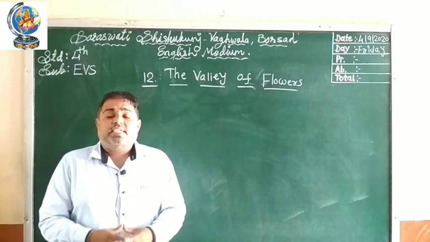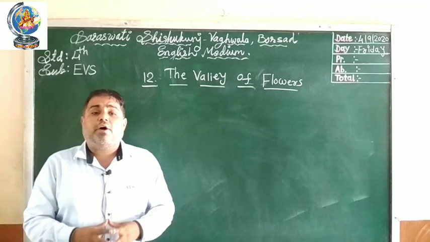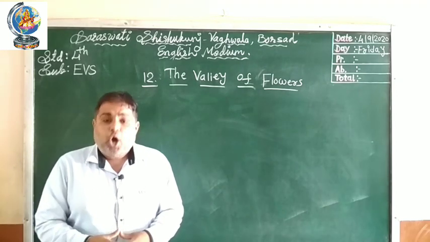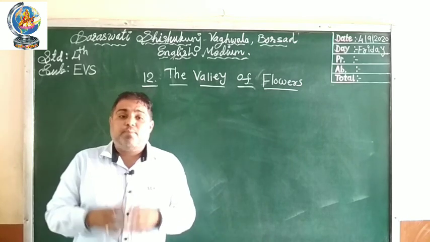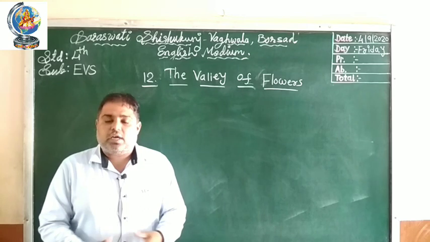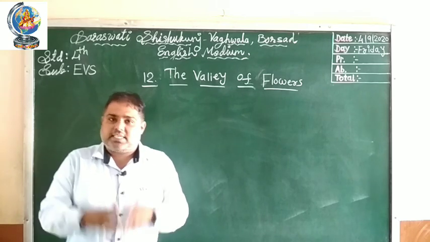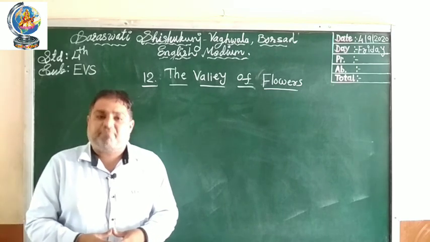The Kanauj district in Uttar Pradesh is famous for making itra. Rose water and kevra water are also prepared from flowers here. So the Kanauj district of Uttar Pradesh is very famous for making itra or perfumes.